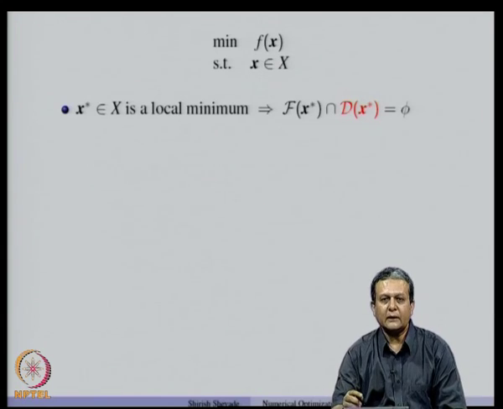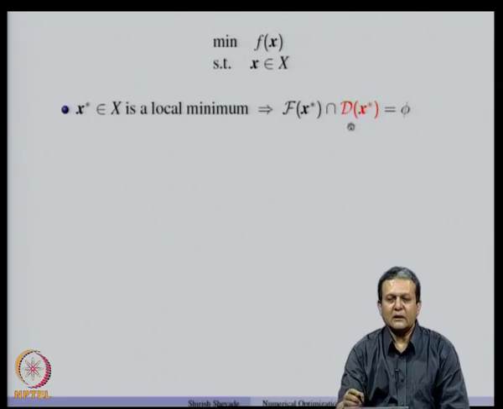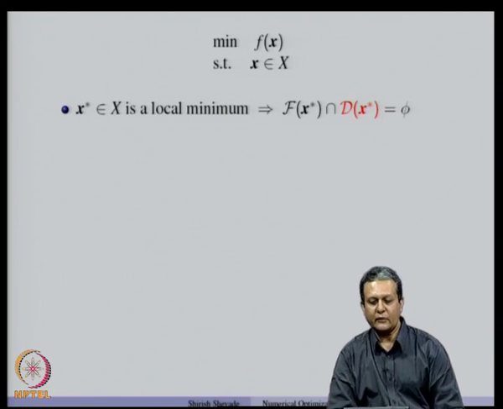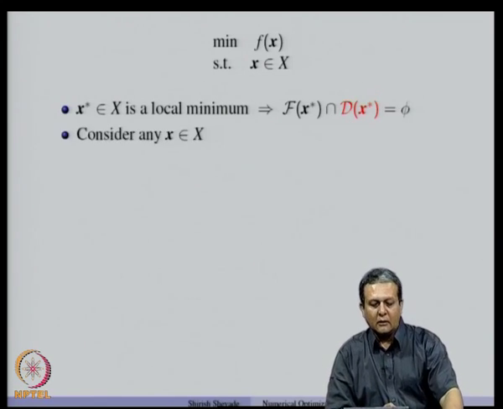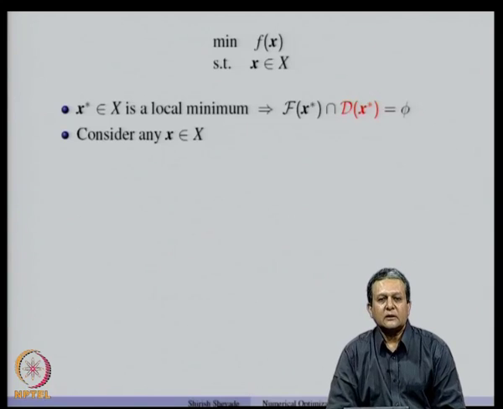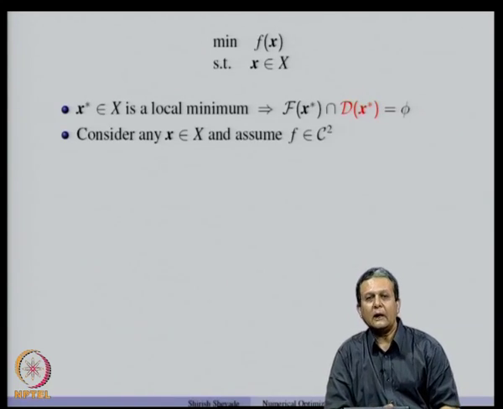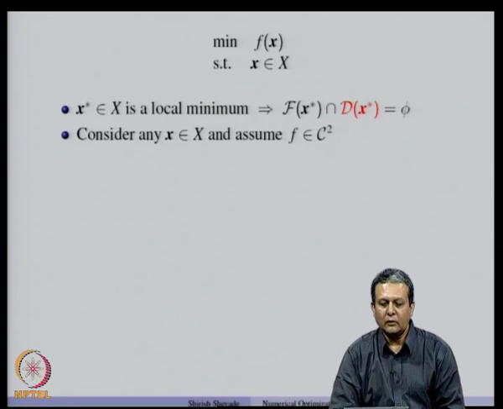Now, first let us look at the way of characterizing the set of descent directions, and as I mentioned earlier, if we assume that the function is sufficiently smooth, then the set of descent directions can be characterized using the gradient of the objective function. So, let us consider any x in the feasible set X and assume that f is in C2.